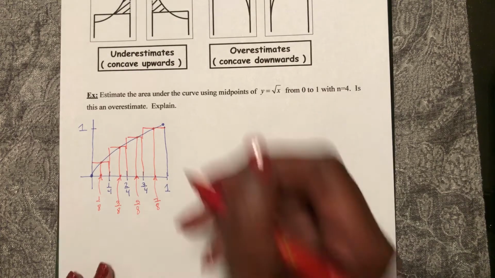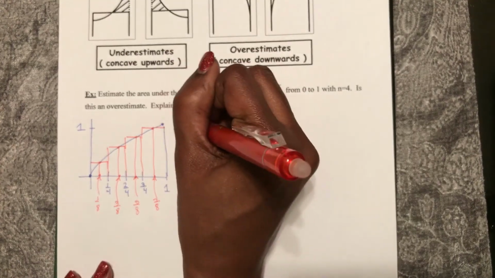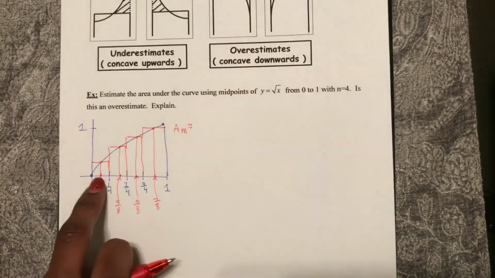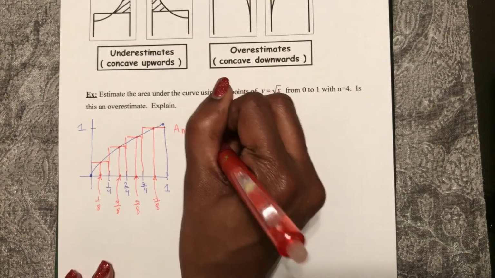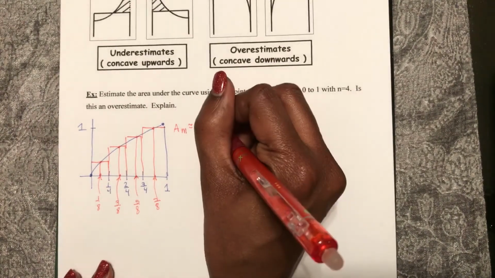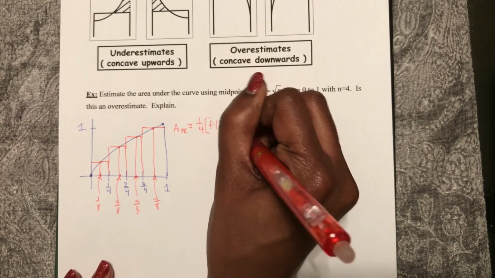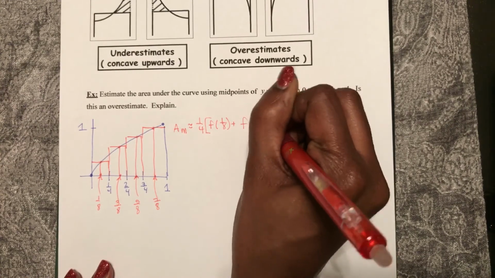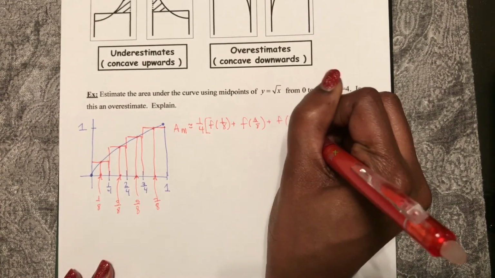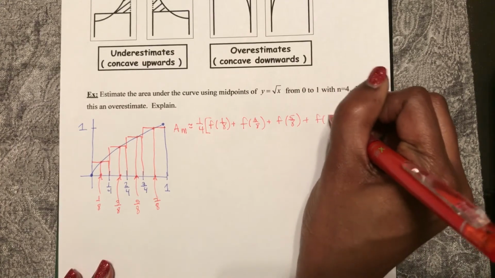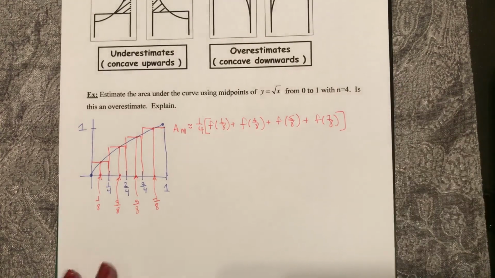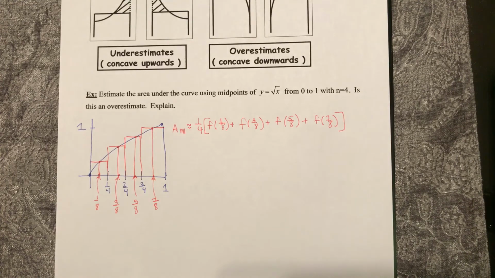So the area using my midpoint is approximately, now the base of each of my rectangles is still 1/4, but now we're going to do f of 1/8 plus f of 3/8 plus f of 5/8 plus f of 7/8. Those are all the heights of my rectangles.